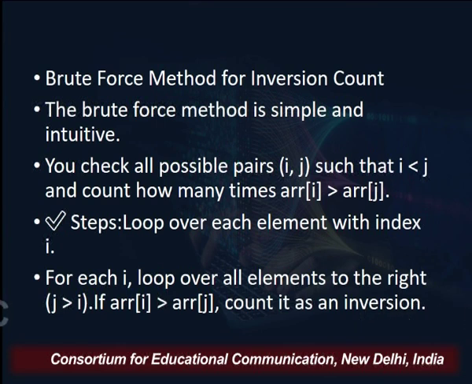If ARR of i is greater than ARR of j, then we count this incident as an inversion for i. This is our brute force method, a simple and intuitive method.